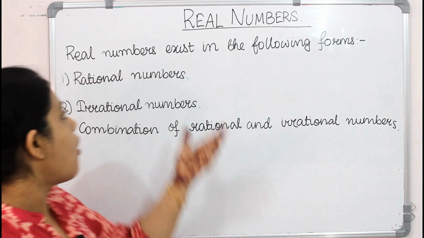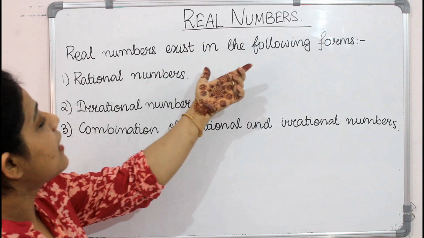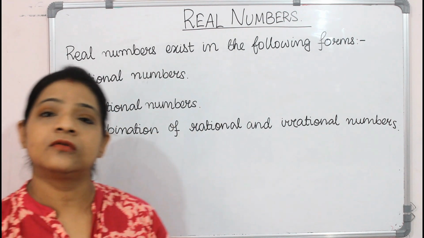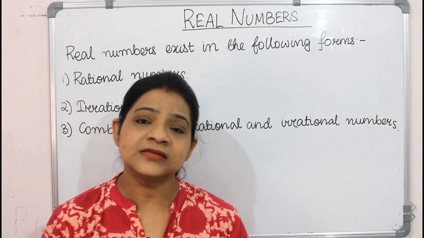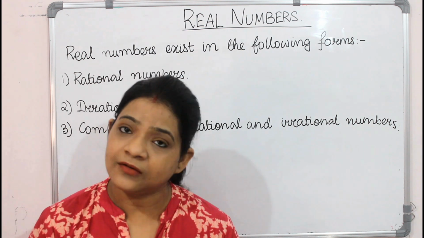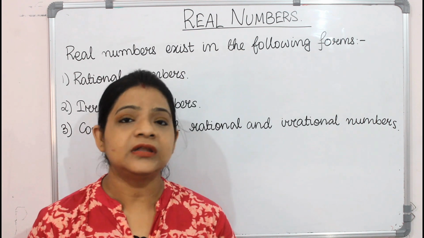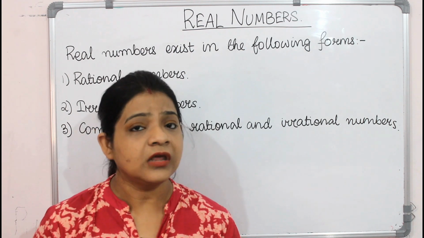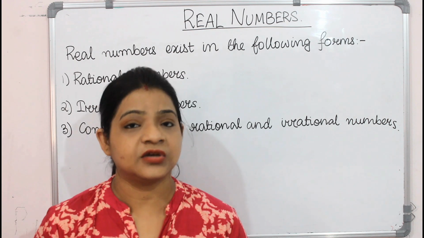So real numbers exist in the following forms. First is rational numbers. By this time you already know how to define a rational number. Any number that is expressed in the form of p by q, where q is not equal to 0, is called a rational number.